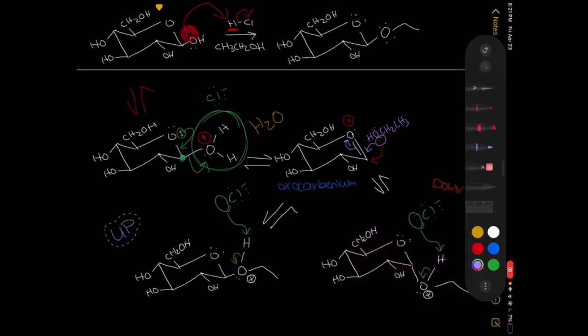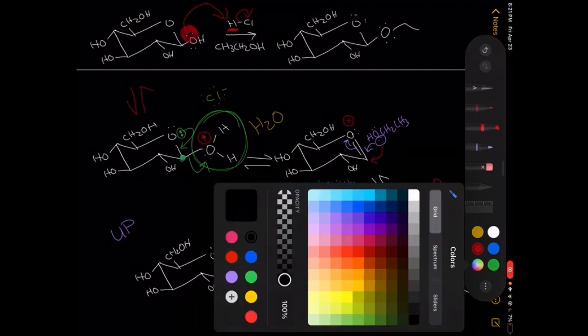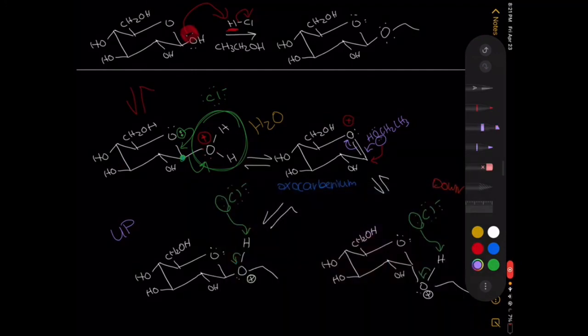The product for the up, for the alcohol attacking up, well, part of the product is going to be this. This H right here is going to be taken by the Cl minus. But I haven't shown that step yet. How it's going to look.